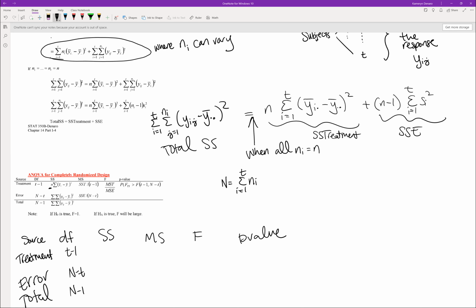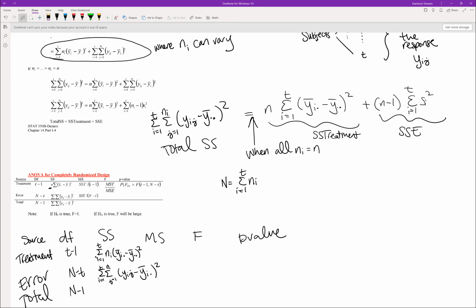Our sum of squares will be the summation i equals 1 to t of the ni times y bar i dot minus y bar dot dot squared. And then summation i equals 1 to t, j equals 1 to ni of our yij's minus our y bar i dot squared. All right.